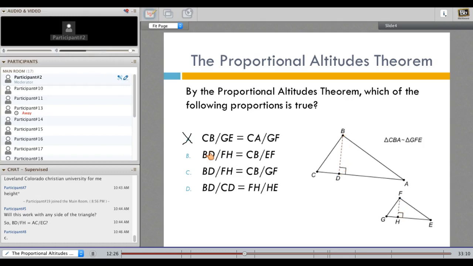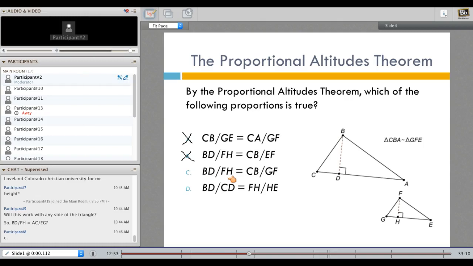Give me a smiley face if the first part of answer choice B looks good so far. Yes. Okay, just this part looks good. Now we got to check this. So let's see if this matches up. CB, which is the left side of the top triangle, EF, it's the right side. Nope, doesn't match, right?